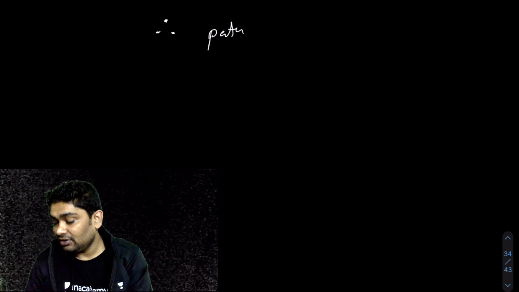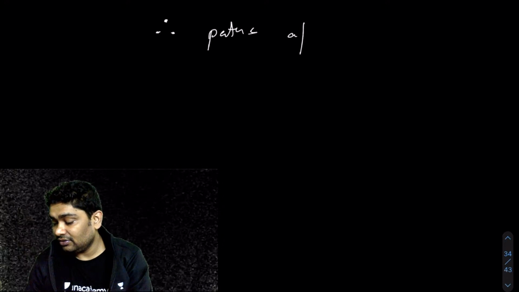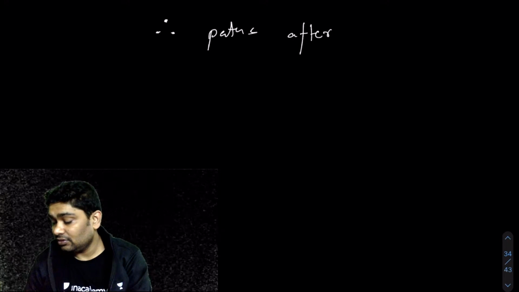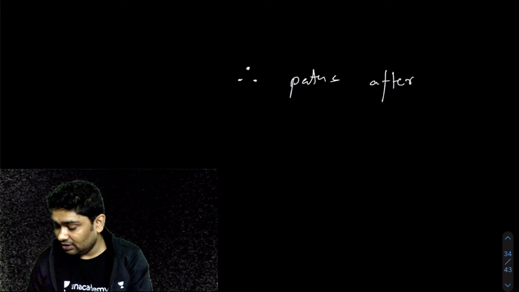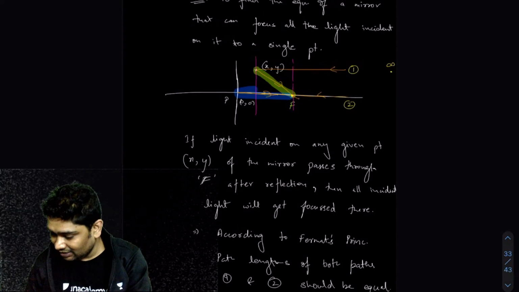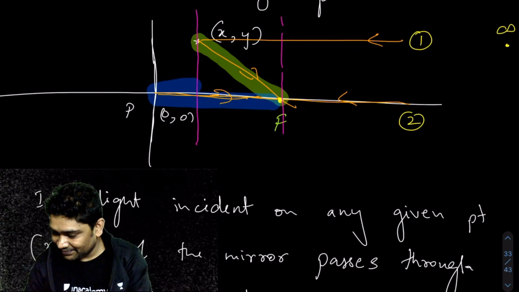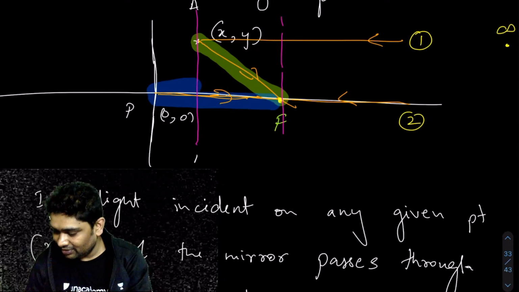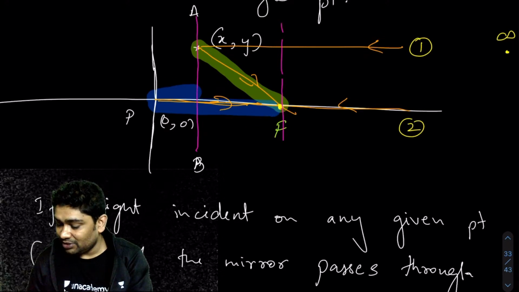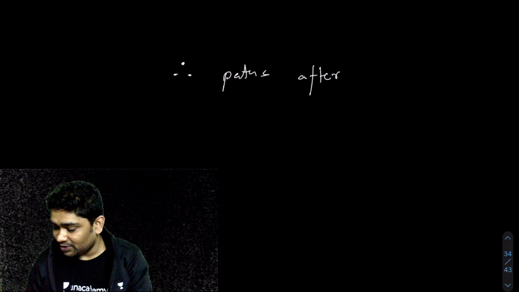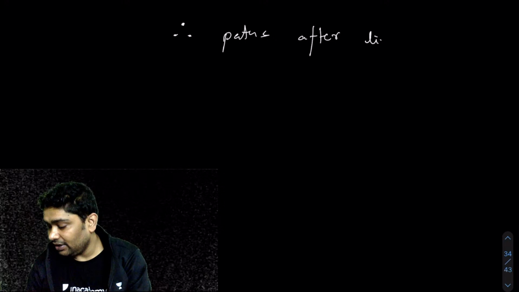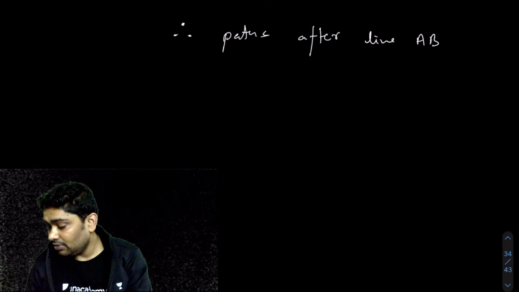Okay, so therefore, let's give this line some name, AB. The paths after line AB must also be equal, right? According to Fermat's principle, the paths after line AB must be equal.